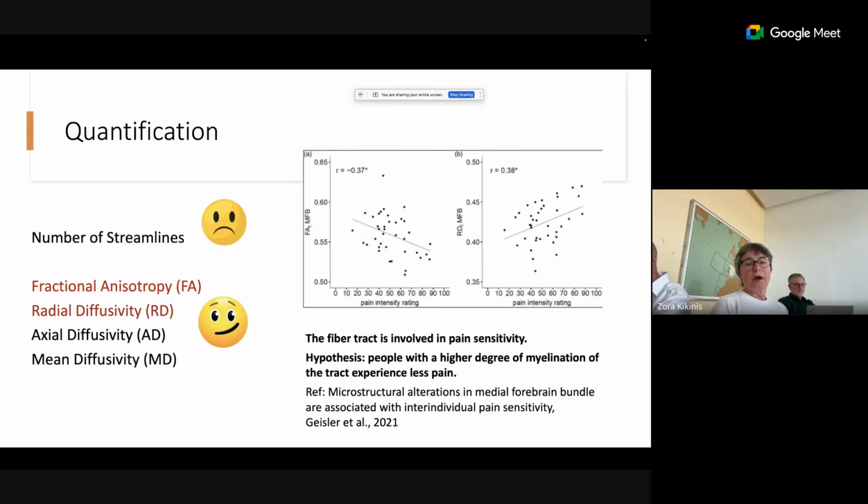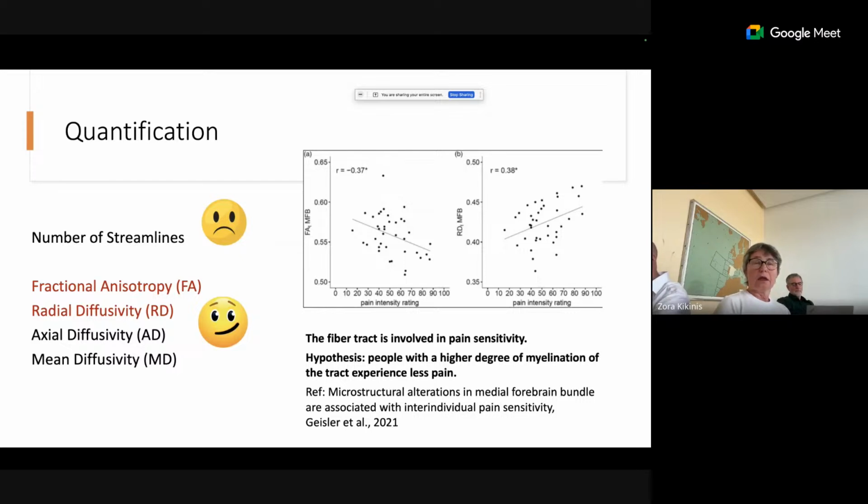Another example of quantification is this study. We have extracted a fiber track, and we wanted to know whether this fiber track is involved in pain sensitivity.